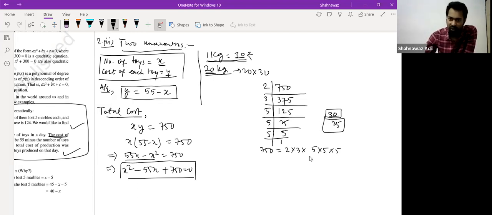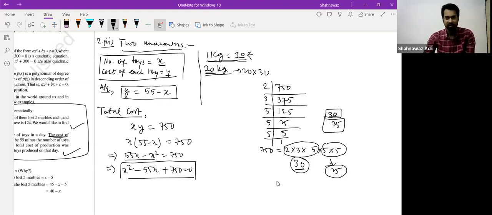So this one is 30, and this one is 25. Are these the factors? What do you guys say? Tala, is this the factor? Adil, are these the factors?